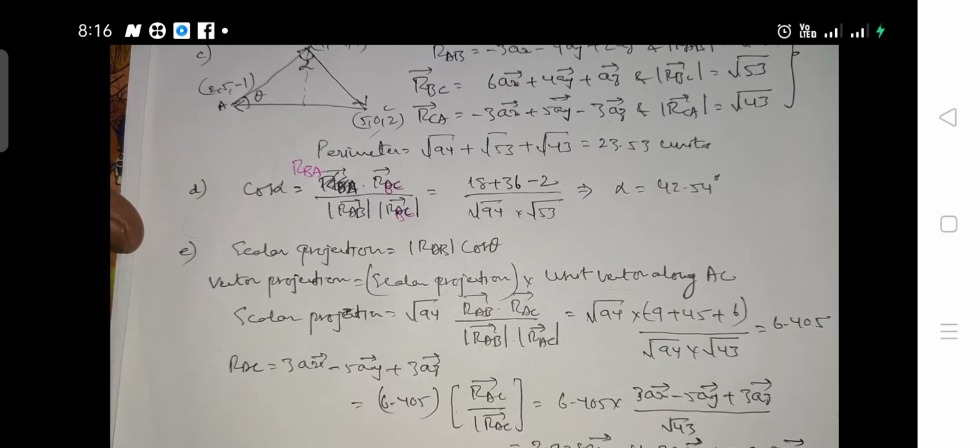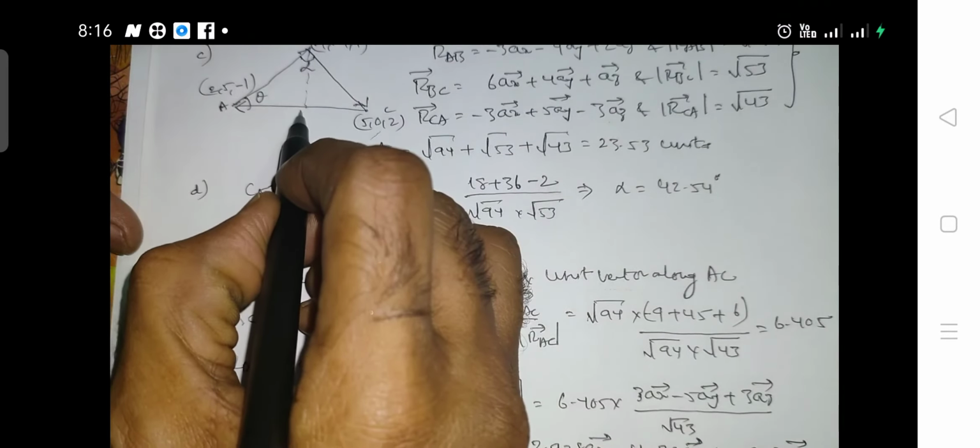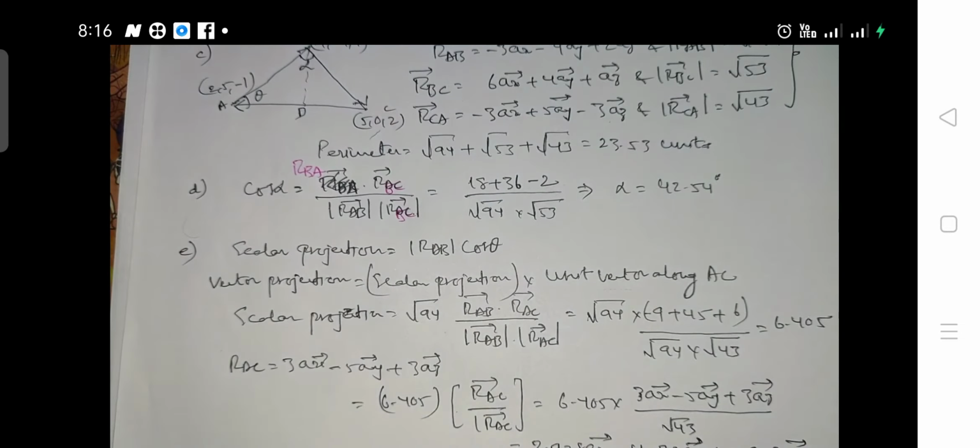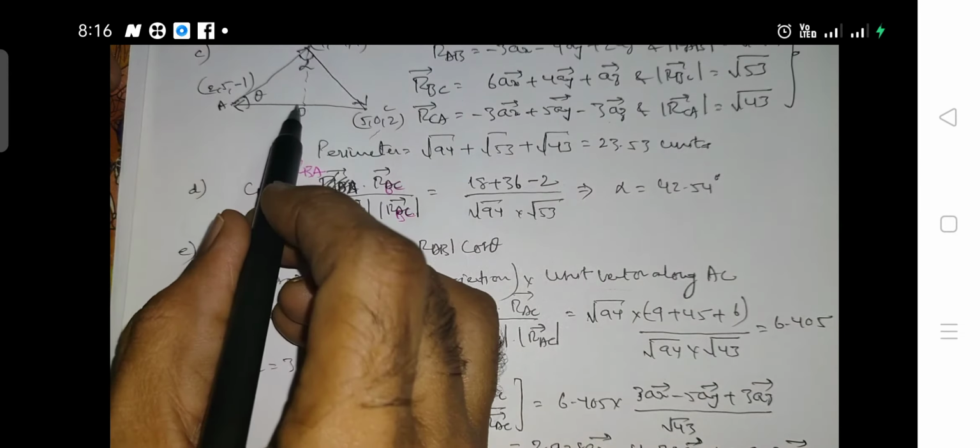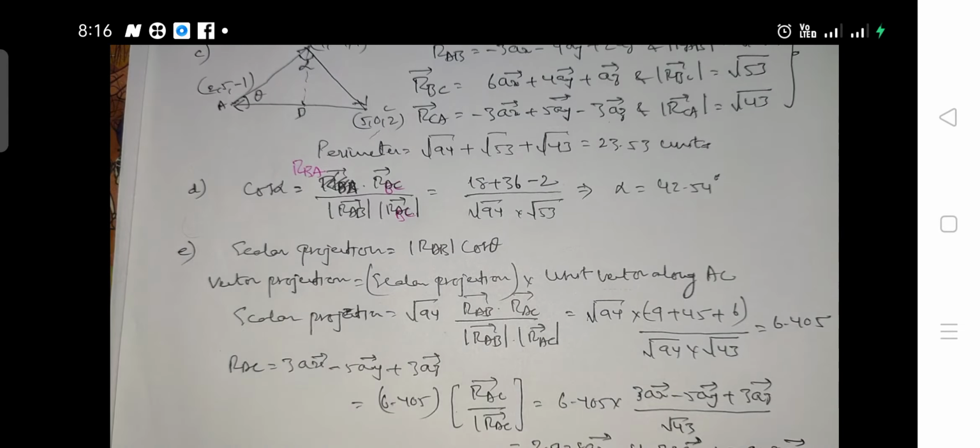So this is the vector we are going to have. Let us say this is D, and this is now the vector AD bar.